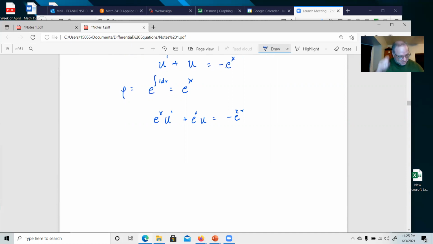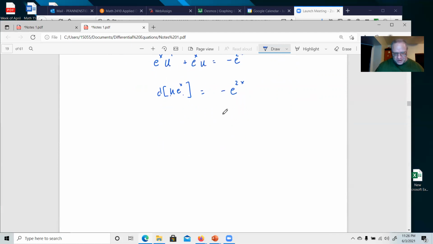All right, I could swear I had a negative sign or something in here maybe. I may have lost it. Okay, my example, okay, let's check. This is the derivative of u e to the x, isn't it? Derivative of the first times the second plus the first times the derivative of the second, which is e to the x u, is equal to negative e to the 2x.